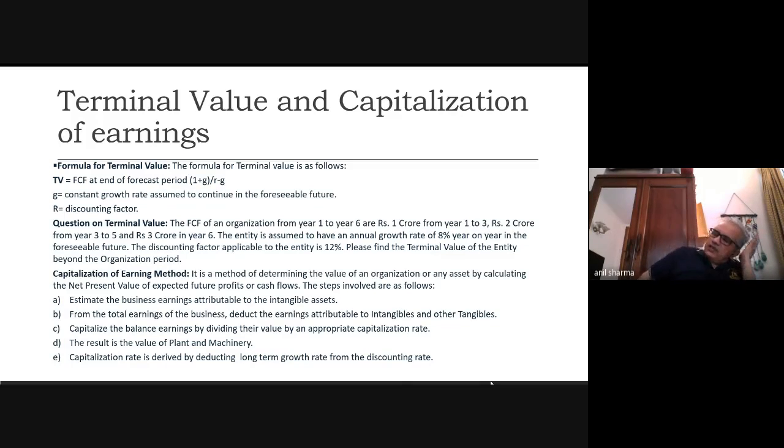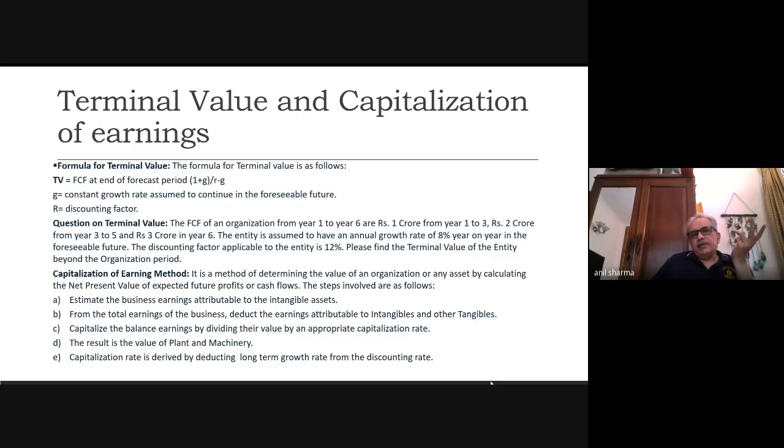So you see, what was the base period cash flow? It is 3 crores in the year 6, and the growth is 8%. So it is 1.08 in the numerator and 4% in the denominator. So you can convert percentage into number. So you get 4 in the denominator and 100 in the numerator.